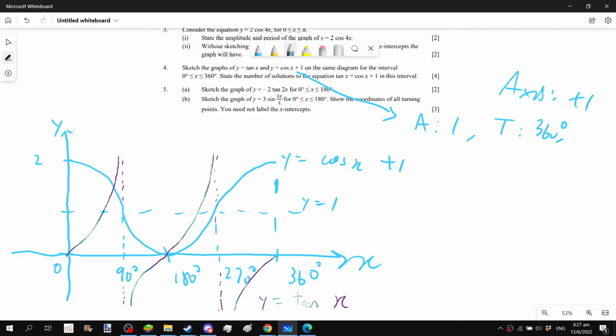Right, so in this case, lucky for you, we've already labeled in the 90 and 270. You don't need to label the asymptotes again separately, although, of course, there's no harm in doing that. That's completely up to you.